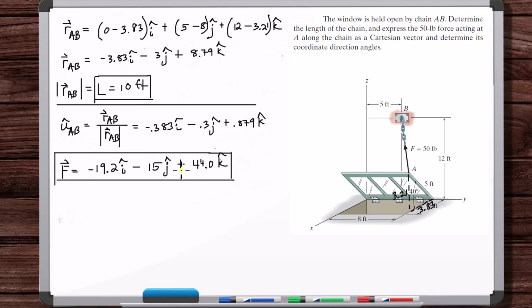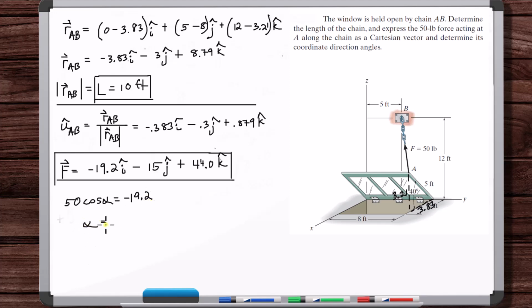Now we just need to determine the coordinate direction angles of this, and we do that because with this we know that 50 cosine of alpha is equal to minus 19.2, right?